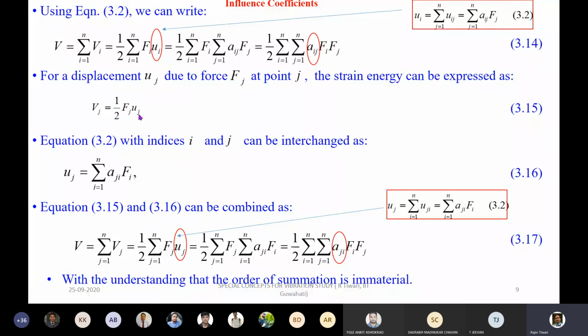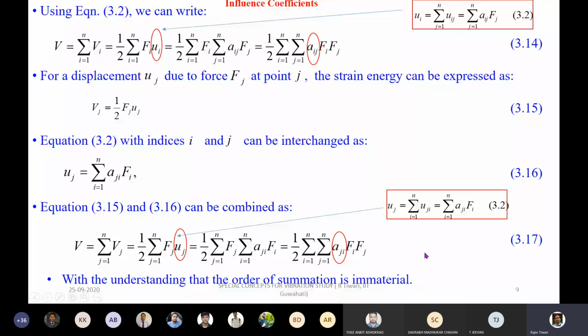So here I have just changed the force location to j, and whatever the displacement is at that location itself, Uj, is giving me the strain energy due to that particular force at that location. Now, what will be the expression we derived, for j? If I replace this with j, all the subscripts will swap, they will interchange, like Ui becomes Uj.